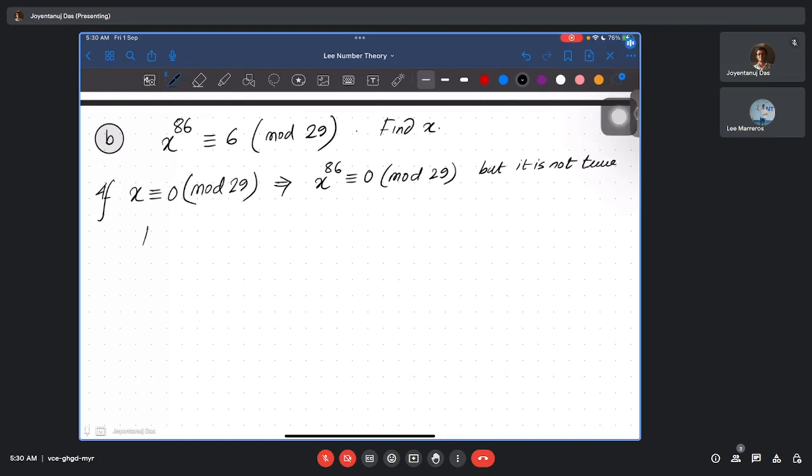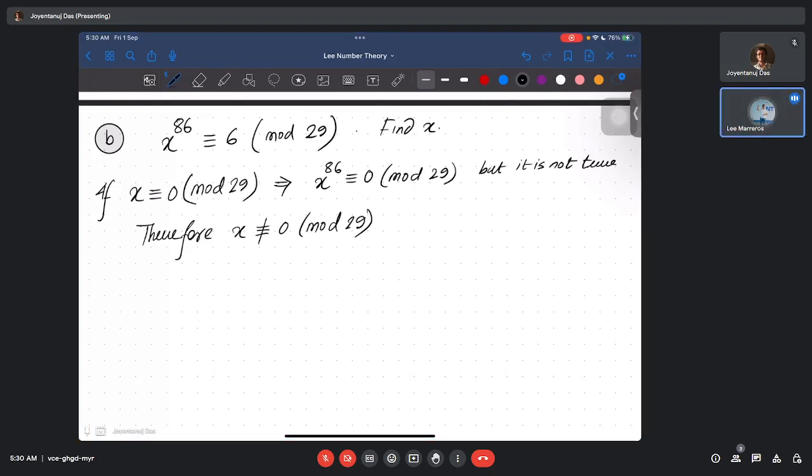So therefore we can assume that x is not congruent to 0 mod 29. If x is zero, we can raise it to any power and it will still be 0. So safely we can assume x is not congruent to 0 mod 29, and now we can apply Fermat's theorem.